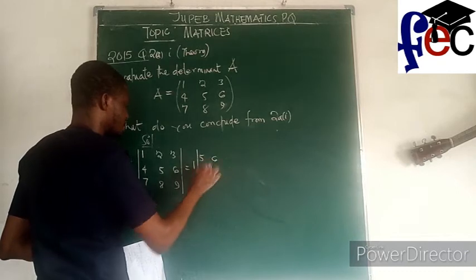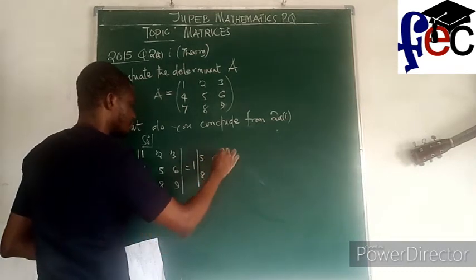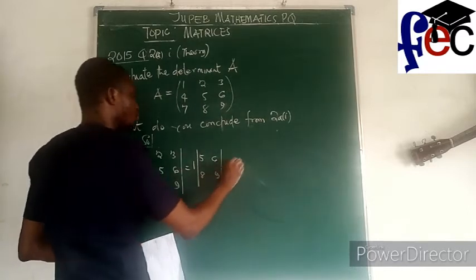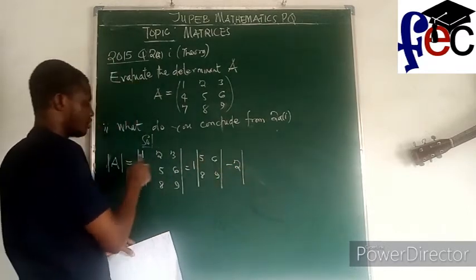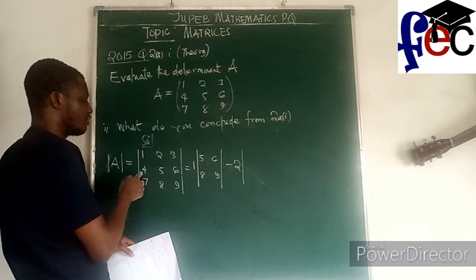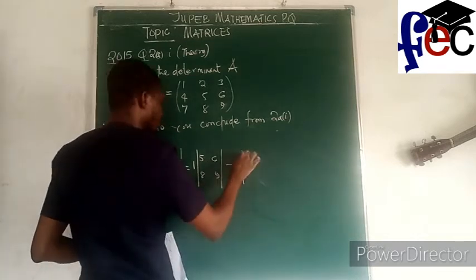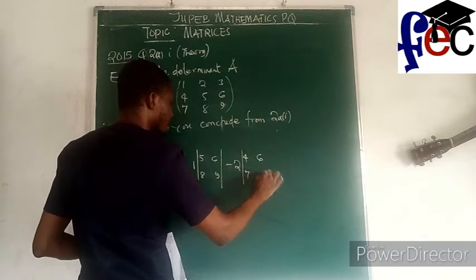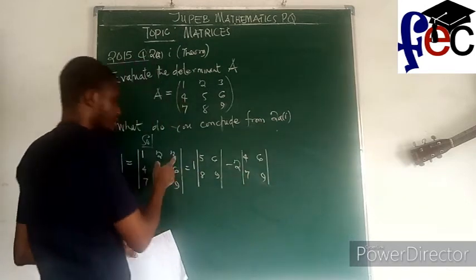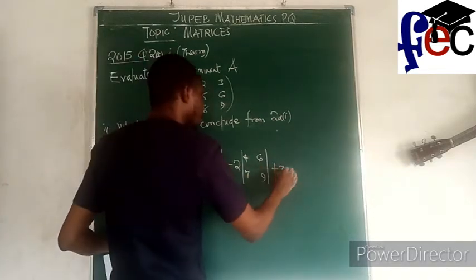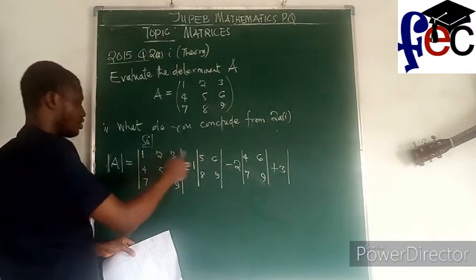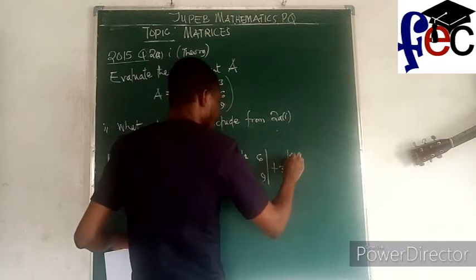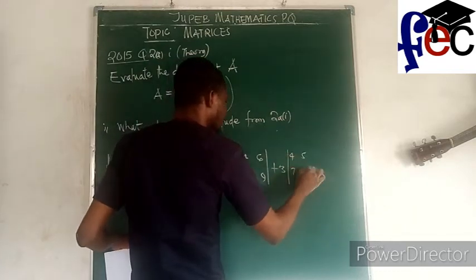Then minus 2, close up the row and the column. What do you see? 4, 6, 7, 9. Then plus 3, close up the row and the column. What do you see? 4, 5, 7, 8.